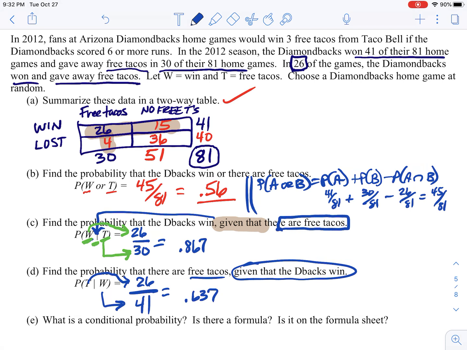Versus saying, out of all the games the Diamondbacks won, 64% of the time they gave away free tacos. It's the same data and it's the same statistics, but you get a different flavor, different emotion comes out of that, even though it's the same data.